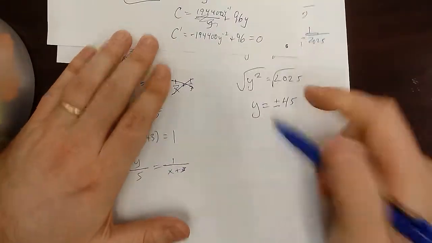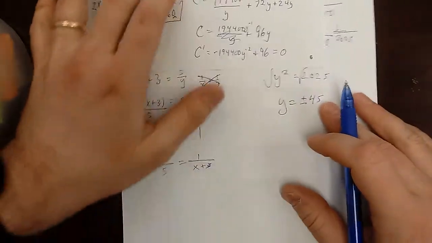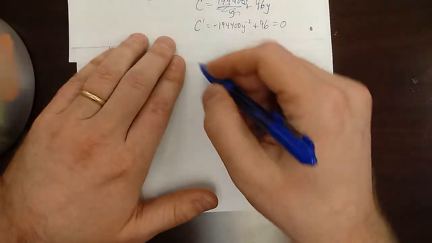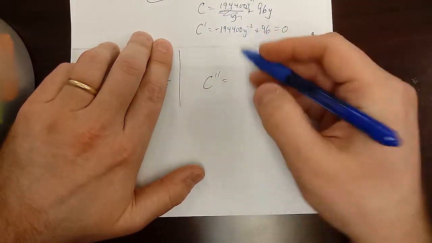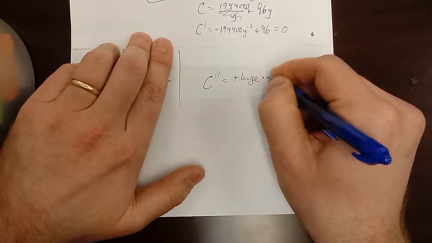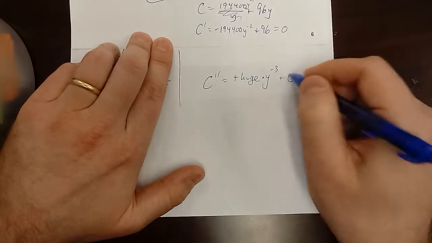Remember, we can do the second derivative test to see if it's concave up or concave down. That's the easiest way to do this check really quickly. So C double prime, I'm going to get positive huge times y to the negative 3 plus 0, right? That's gone.